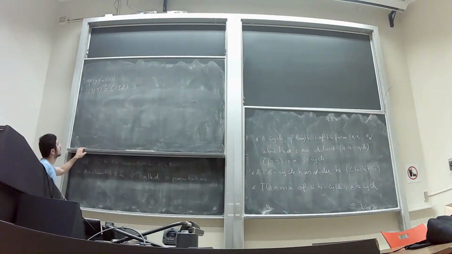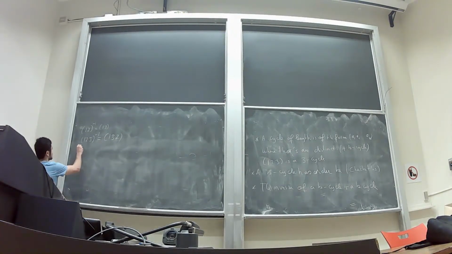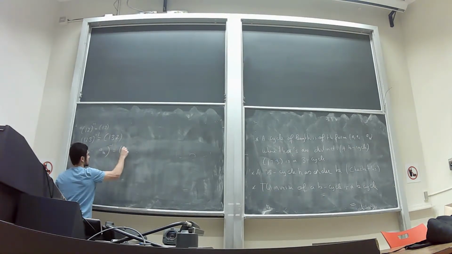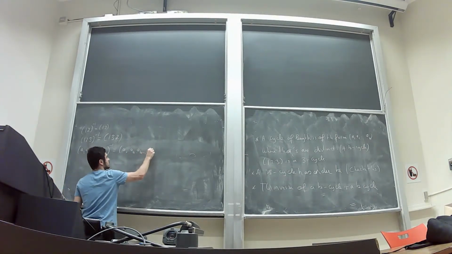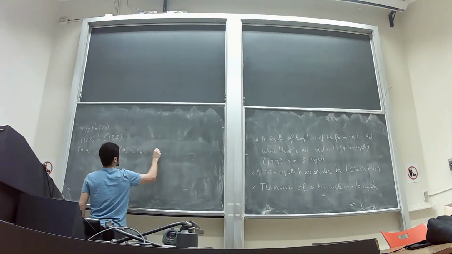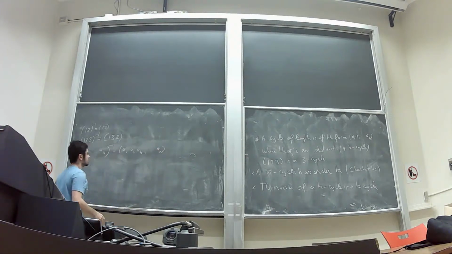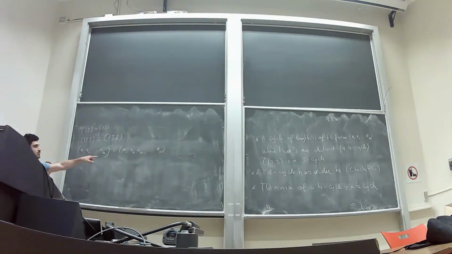Permutation. Okay. Now, if you want to take the inverse of (a1 a2 up to ak), how do you do that? Well, the inverse is just (a1 ak ak-1 up to a2), right?